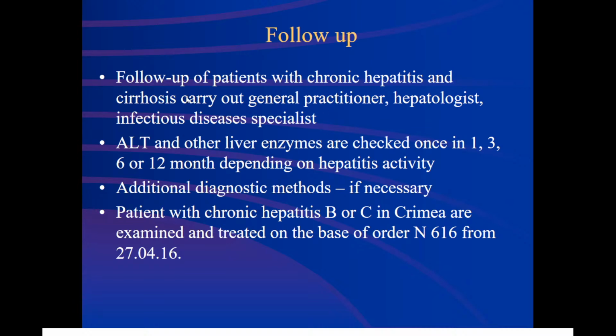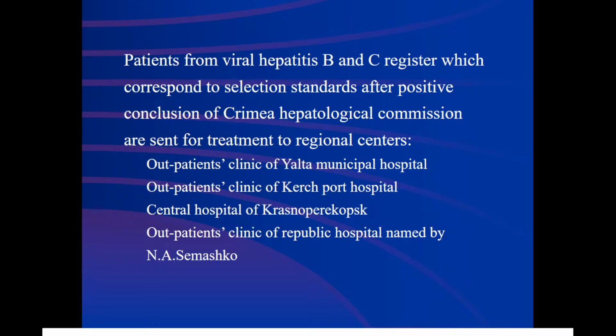So, the patient has to visit the polyclinic and is managed by the general practitioner, hepatologist, and in case of viral hepatitis, the infectious disease specialist. The most available method of control of activity is ALT examination. Ultrasound and endoscopy can be done if necessary.